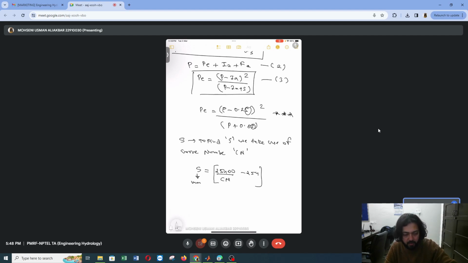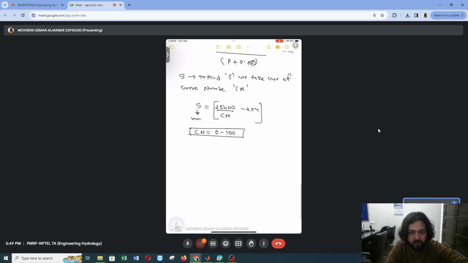Now let us see how we can understand the curve number, right? The curve number can have any value between 0 and 100. So let us take both cases and see what kind of surface we will have if the value of Cn is 0, and what kind of surface if the value of Cn is 100. Let us say when the Cn value is 100. What does this imply?